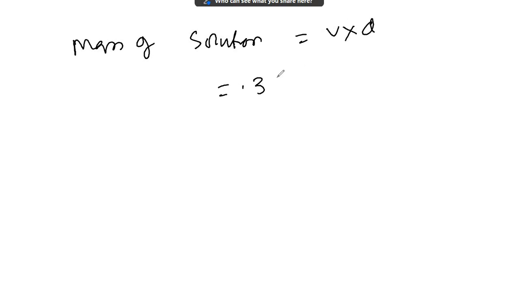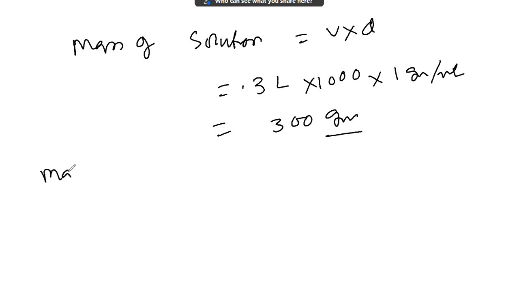Let us proceed. Mass of solution is volume into density. Volume is 0.3 liter, multiplied by 1000 gives you ml, into 1 gram per ml, which becomes 300 gram.